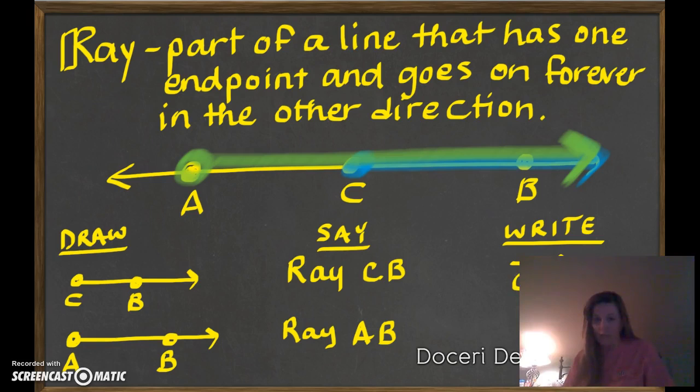And we just start with its endpoint and then the second point on the line in the direction that the ray is going. Or it could be ray AB. So that would be how you would draw and write if you were referring to a ray.